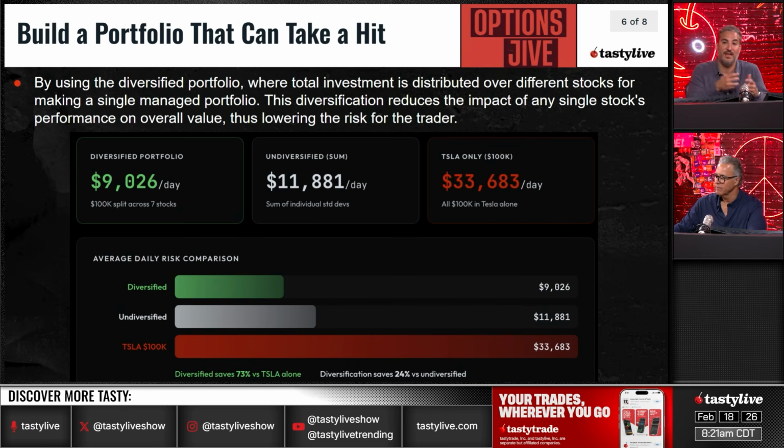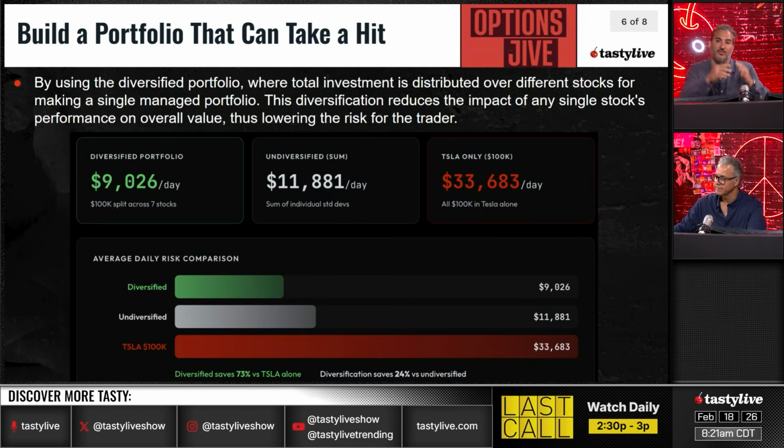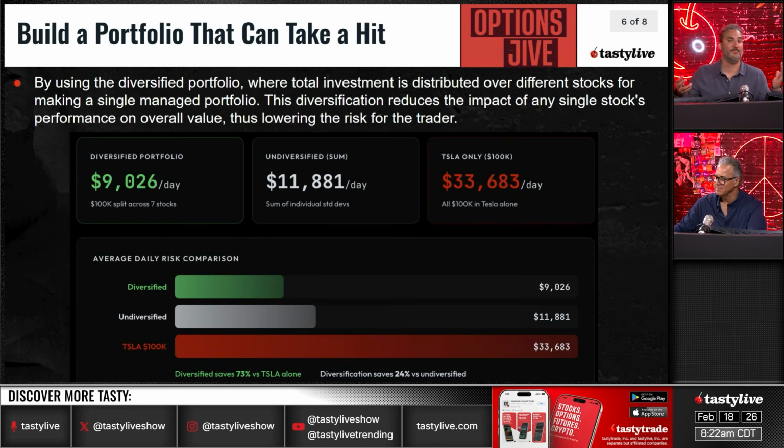From a P&L standpoint, you have about a 73% less volatile P&L diversifying across those assets versus just being in one stock. Obviously, if you caught the move in Tesla from the 2020 low when it was going bankrupt to a $1 trillion company, that would have been the best thing to do.